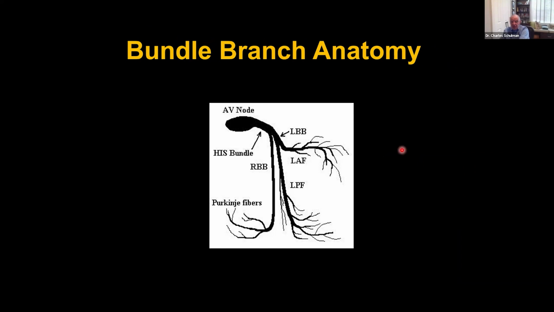This is a review of bundle branch anatomy and bundle branch block. Okay, so we have the AV node, the common bundle or His bundle, the right bundle, the left bundle. There's the common part of the left bundle, and the left has 2 branches, an anterior fascicle and a posterior fascicle.